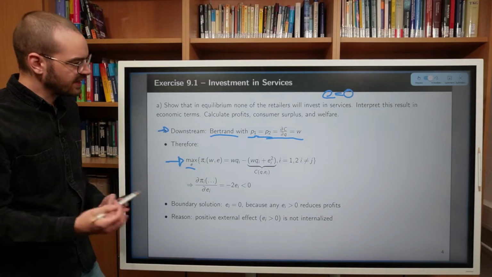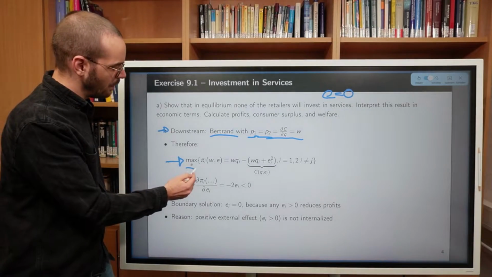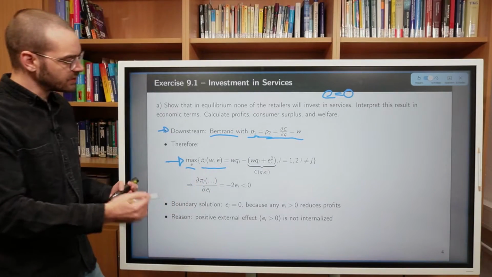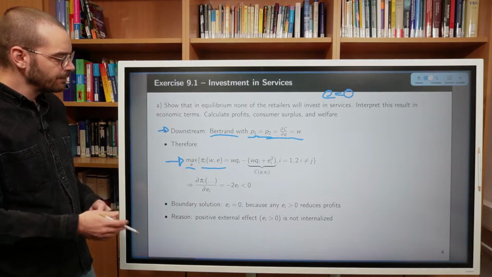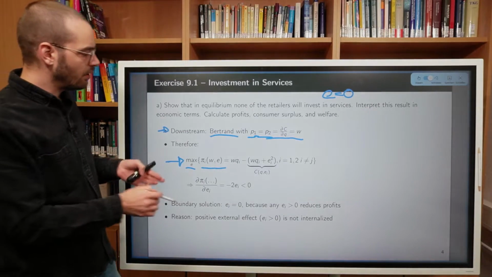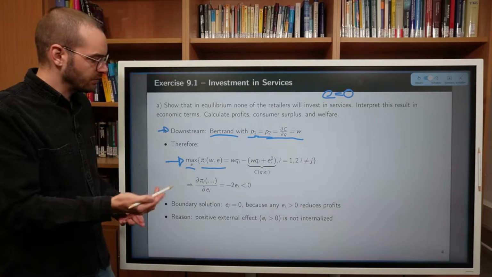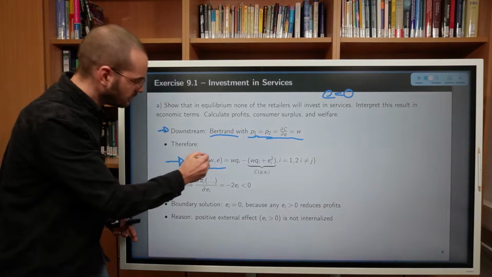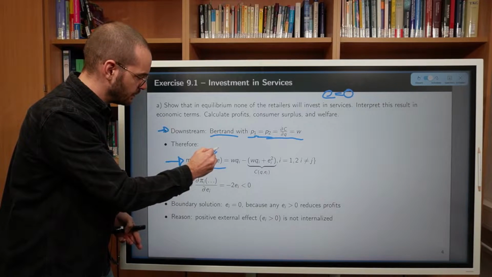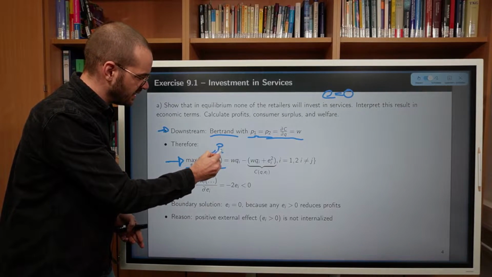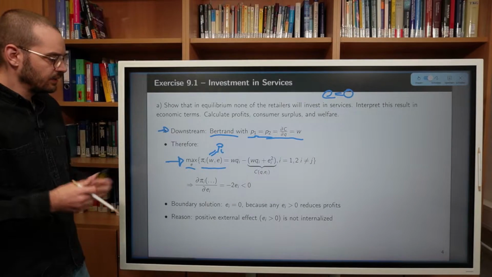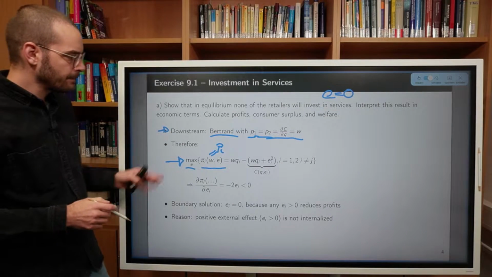So what we are technically going to do is maximize the downstream firm's profits pi I, which are a function, of course, of the wholesale price and the amount of services provided. Wholesale price in this particular case, of course, because this is equal to Pi for both of the firms.